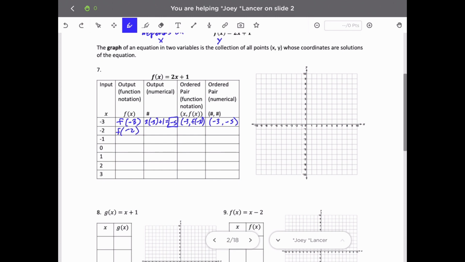F of -2 is 2 times -2 plus 1, which is -3. The ordered pair in function notation is -2 comma f of -2, and numerically it's -2 comma -3.